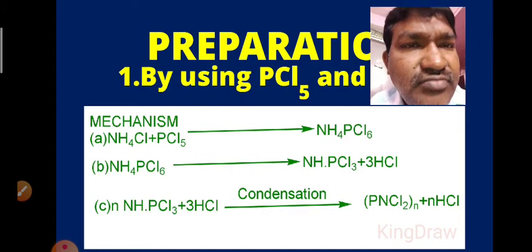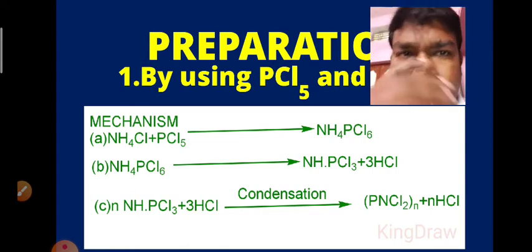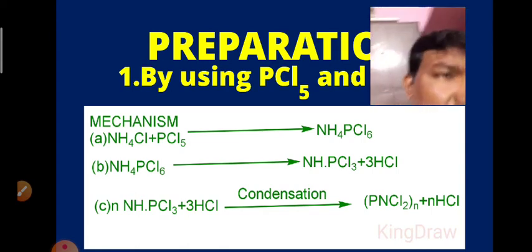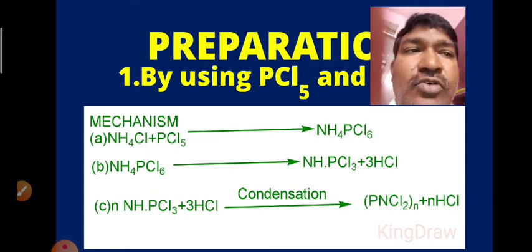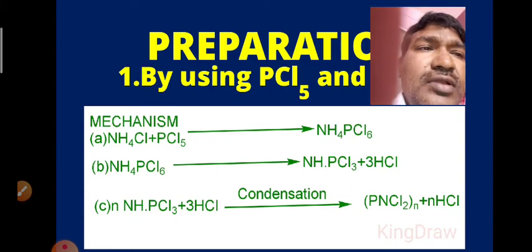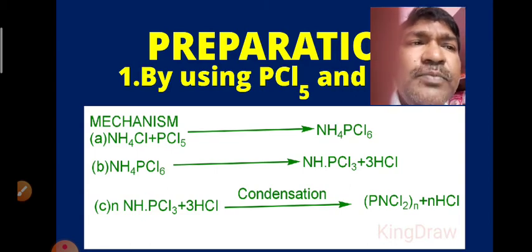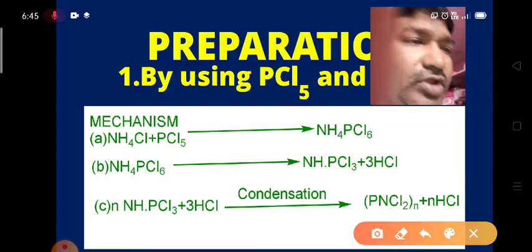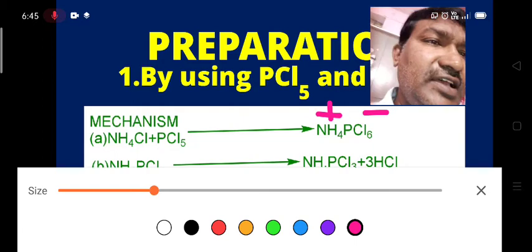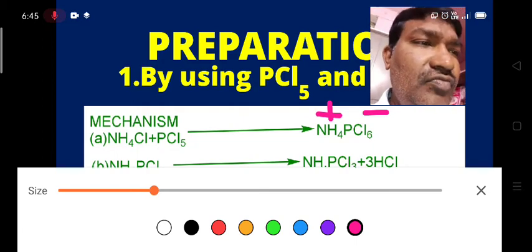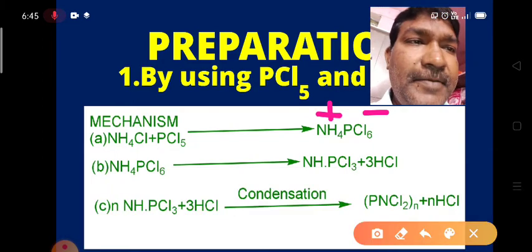Now here we discuss the mechanism. When we heat phosphorus pentachloride with ammonium chloride, first of all we get a salt, ammonium ion and PCl6 minus ion. Here ammonium ion is the cation and PCl6 minus ion is the anion, the hexachlorophosphate ion.